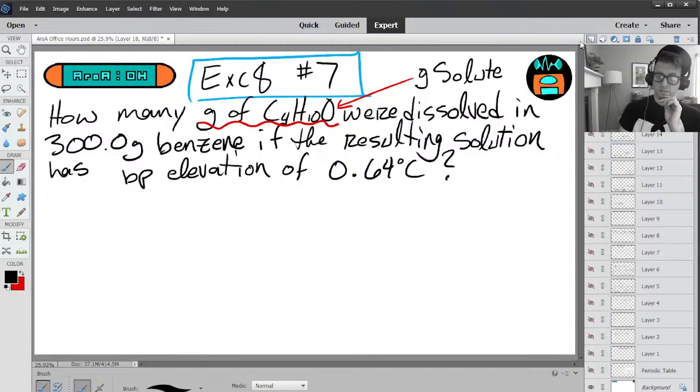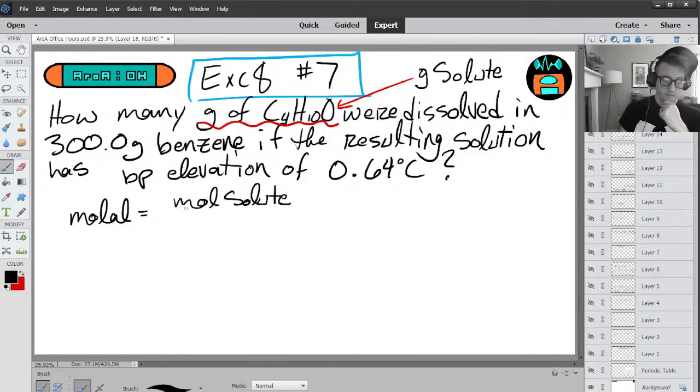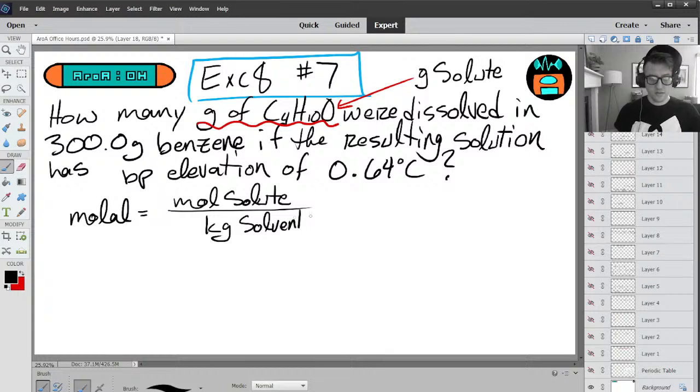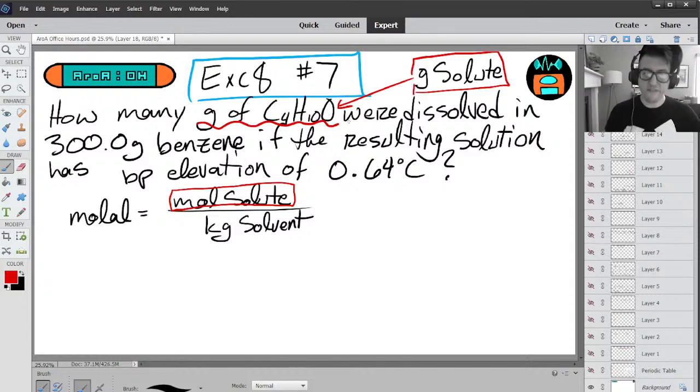We saw earlier that the equation of molality was equal to moles of solute over kilograms of solvent. So moles of solute doesn't equal grams of solute, but given one, we can find the other, especially since we know the molecular weight.